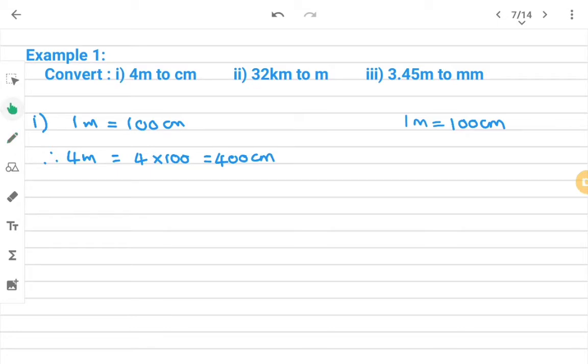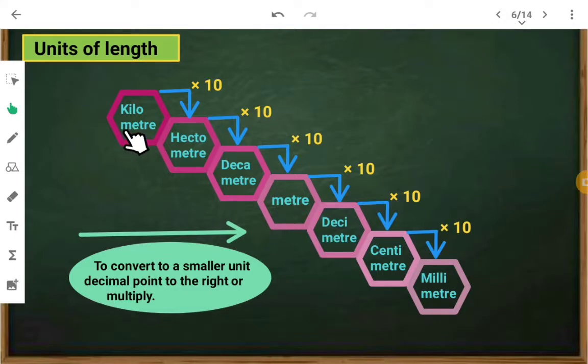Now we are moving on to the second subdivision. It is given as 32 kilometer to meter. Here kilometer is the larger unit and meter is the smaller unit, right? Kilometer to meter, how many jumps are we making? 3. So 1 kilometer is equal to 1000 meter.